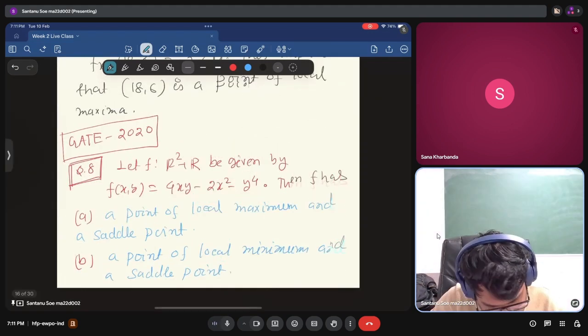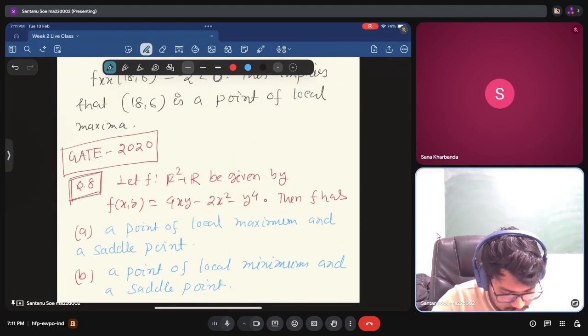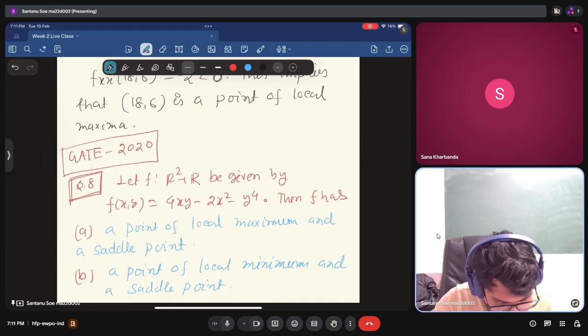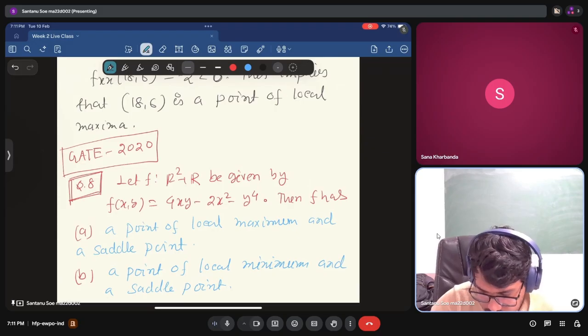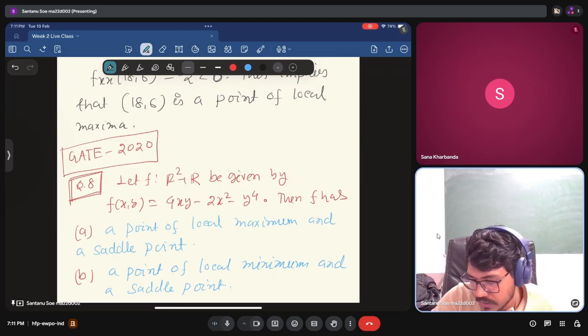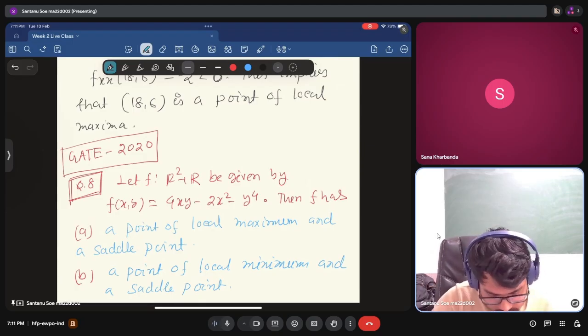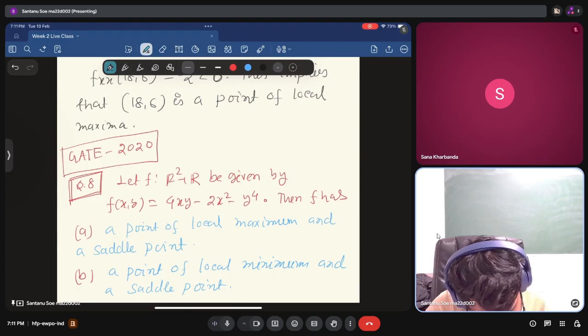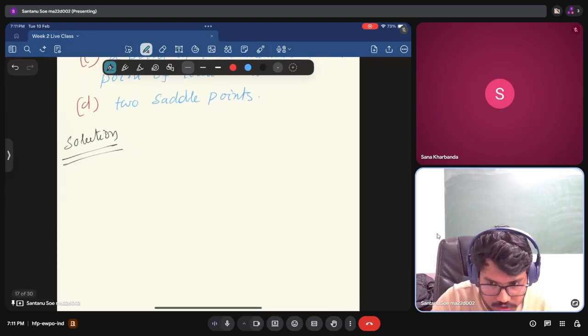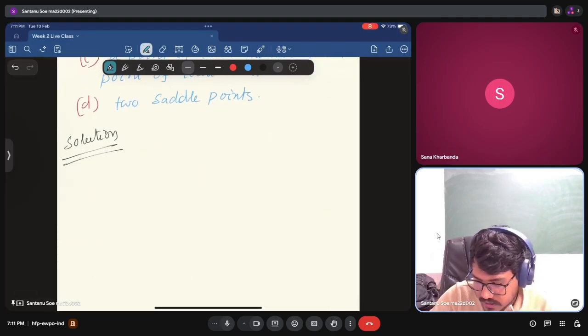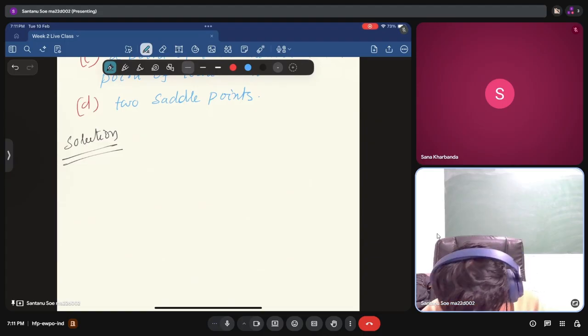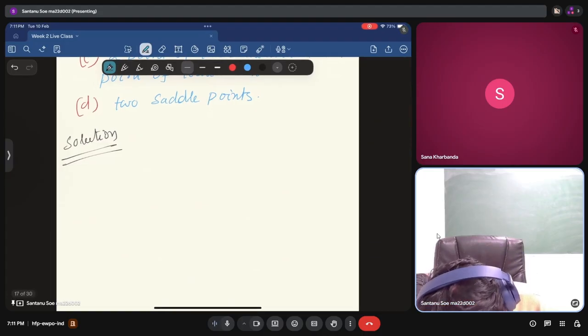So the question is given like this. A function f from R2 to R is given by f(x, y) equals 4xy minus 2x squared minus y to the 4. Then they are asking about points which are points of local minima or local maxima and or saddle points. So for that reason, we have to go through the same procedure that we did just earlier. First we're gonna find the partial derivatives.